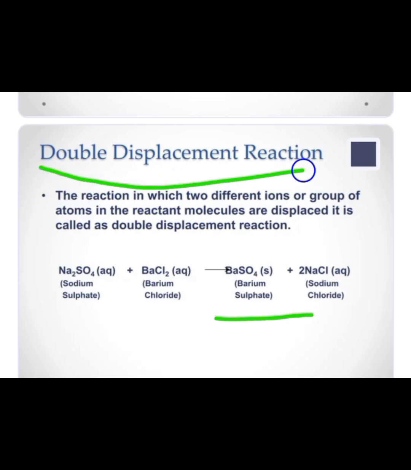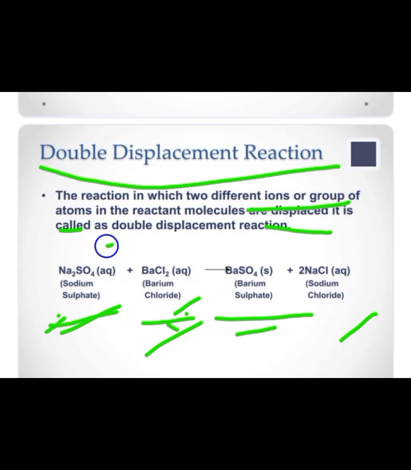So what are double displacement reactions? The reactions in which two different ions or groups of atoms in the reactants, these are the reactants here and these are the products here, are mutually displaced. Mutually displaced means sodium ion combines with chloride ion and sulfate ion combines with barium ion.